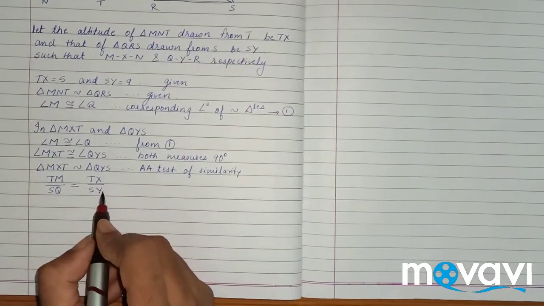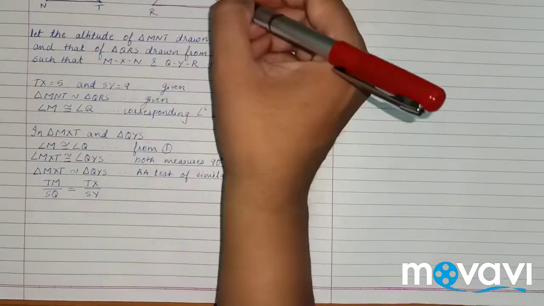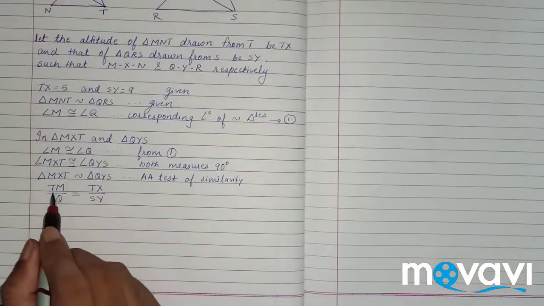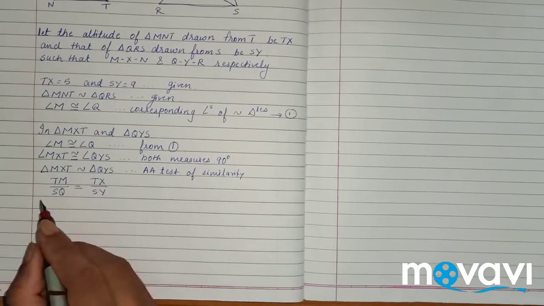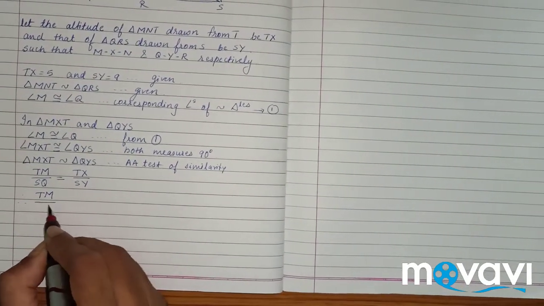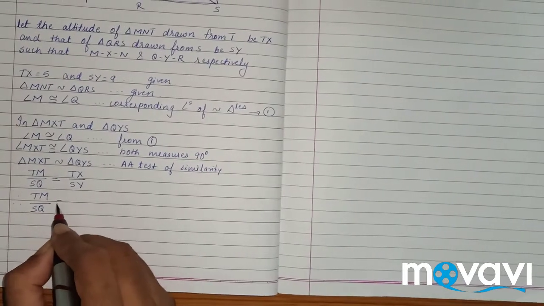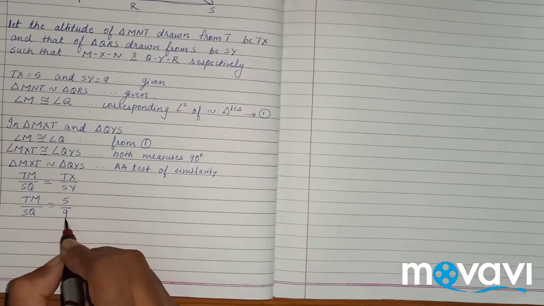Why I have taken this? Because these values are given. TX is given and SY is given. So I have taken this. I can show that this is also equal to the same thing. Means TM upon SQ is equal to, I will substitute the values, it is nothing but 5 upon 9.